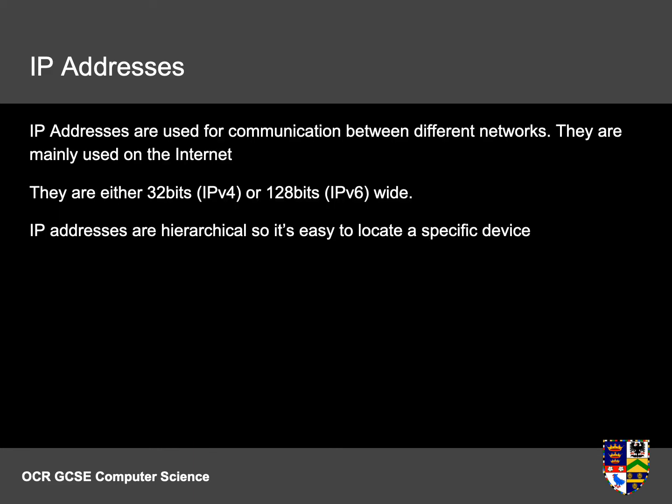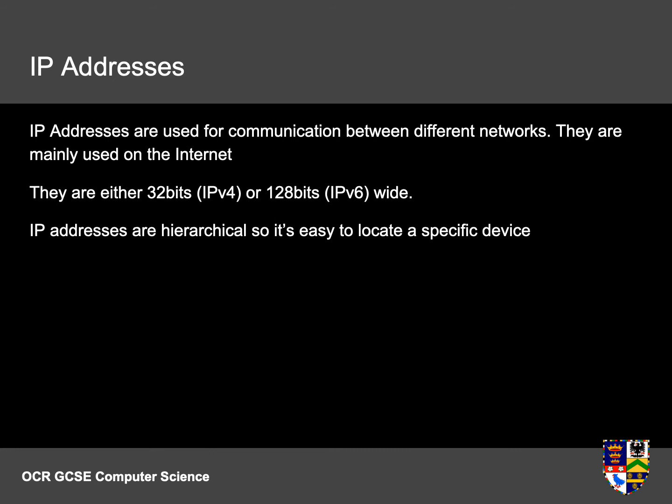IP addresses, on the other hand, are used for communication between different networks. So they're mainly used to direct internet traffic. Now, most IP addresses are 32 bits, but over the years to come, we're going to see a lot more 128-bit wide IP addresses, which are referred to as IPv4 for 32-bit and IPv6 for 128 bits.